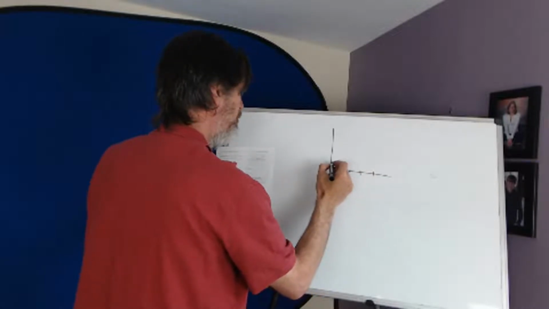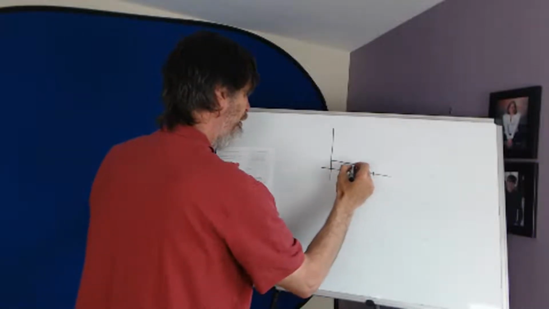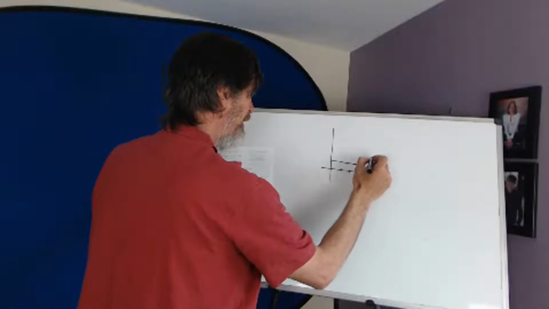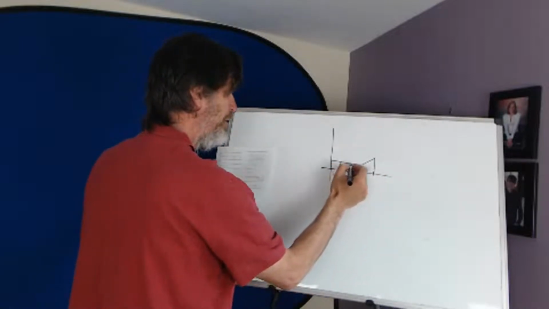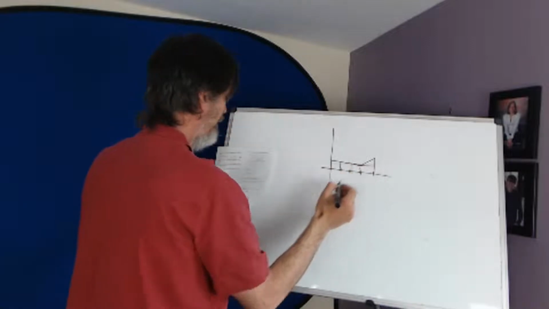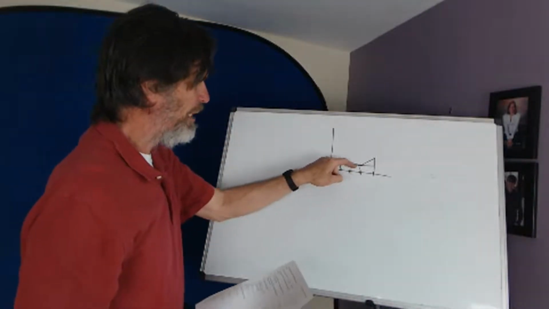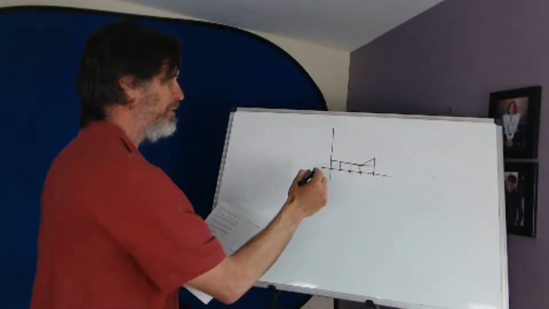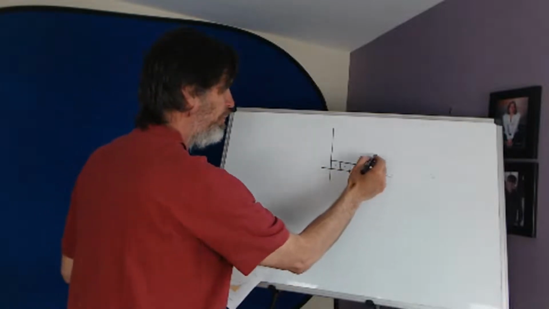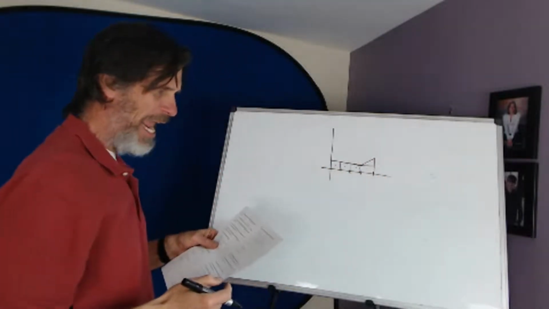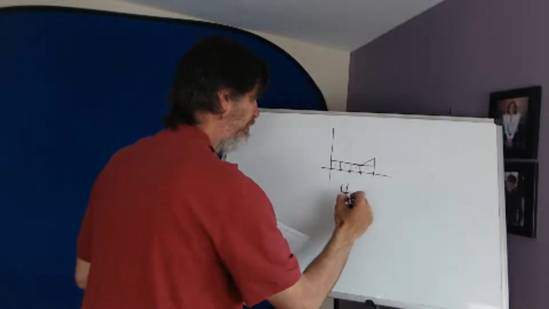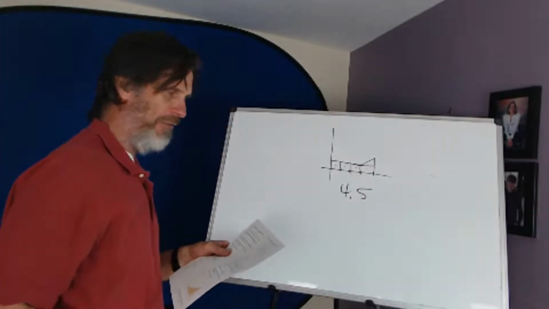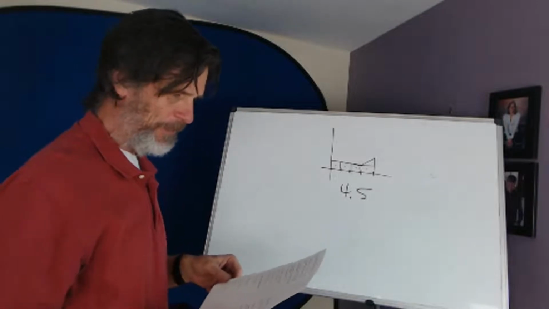It looks like it goes straight across here till there, and then it goes up. So that's the area I'm going to count, and here's how I'm going to count it. Each of those squares there is 1 square unit, so it's like 1, 2, 3, 4, and that triangle is exactly half of that next square up, so that is 4.5 square units.